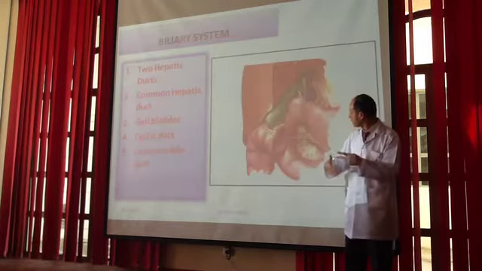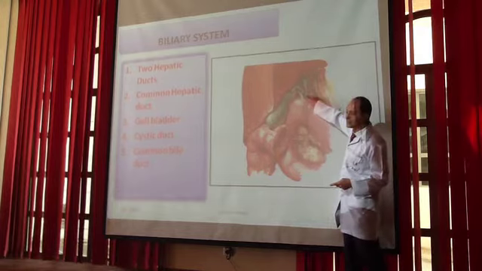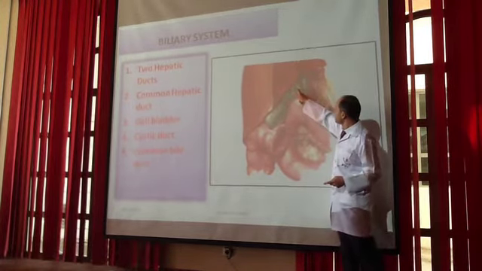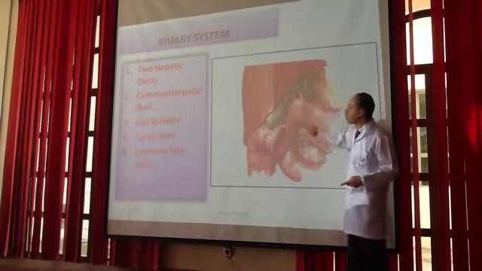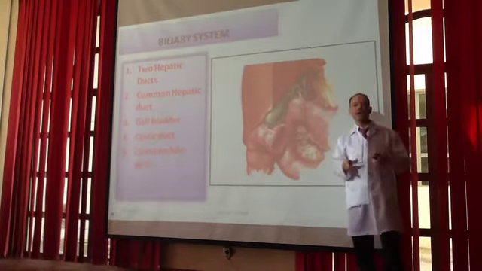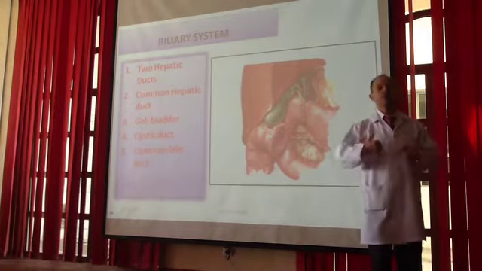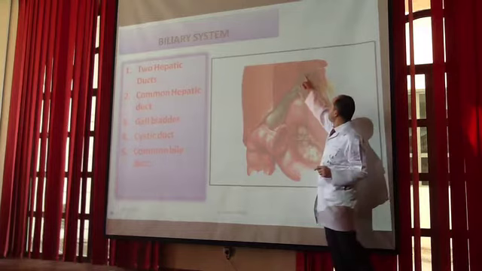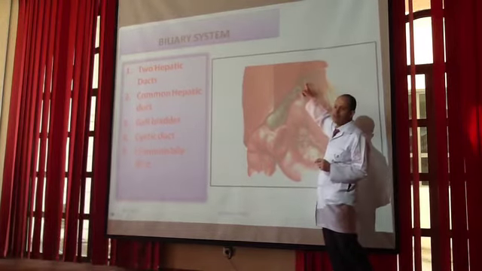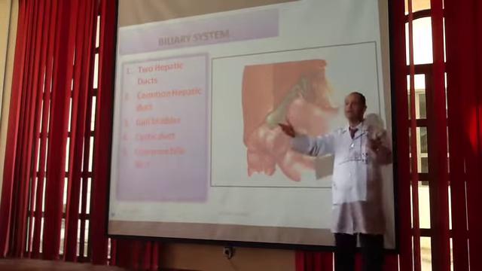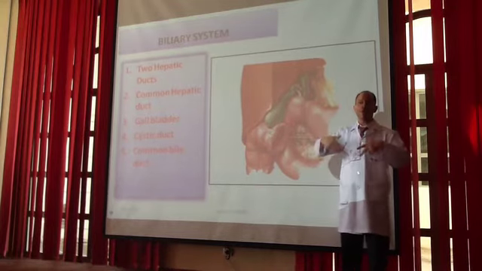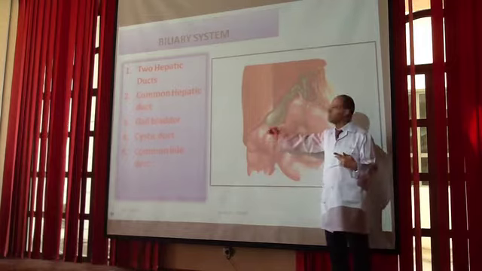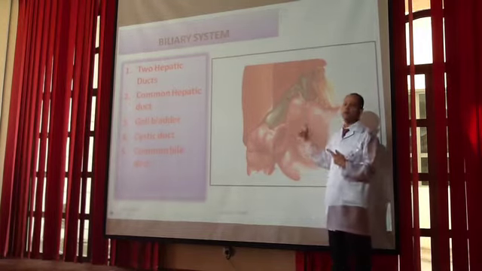As we see, below the level of the porta hepatis, this common hepatic duct will join the cystic duct to form the common bile duct. So when I ask which ducts are in the porta hepatis? Right and left, either right or left hepatic or the common hepatic ducts. These belong to the liver itself. Below the level of the liver they have other names: gallbladder, cystic duct, common bile duct.